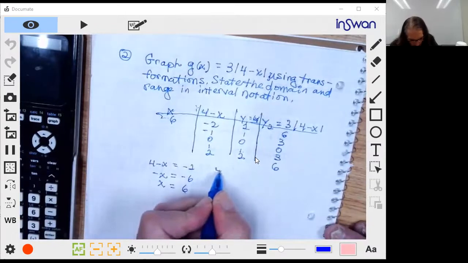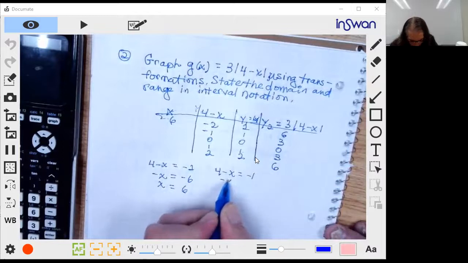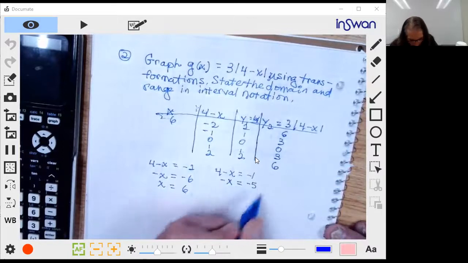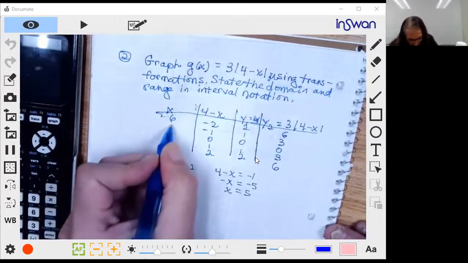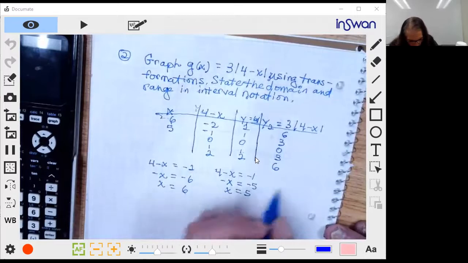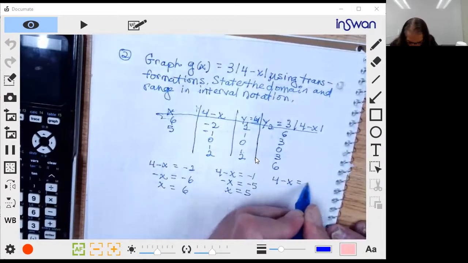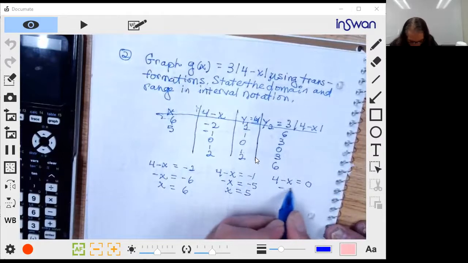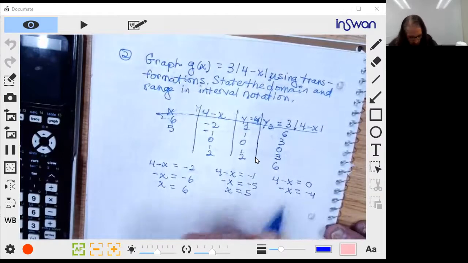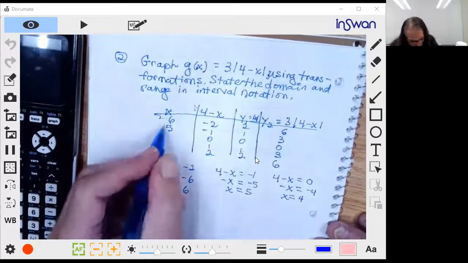I'd have to put in 5 to get 4 minus x to be -1. And for 0, I have to put in 4.